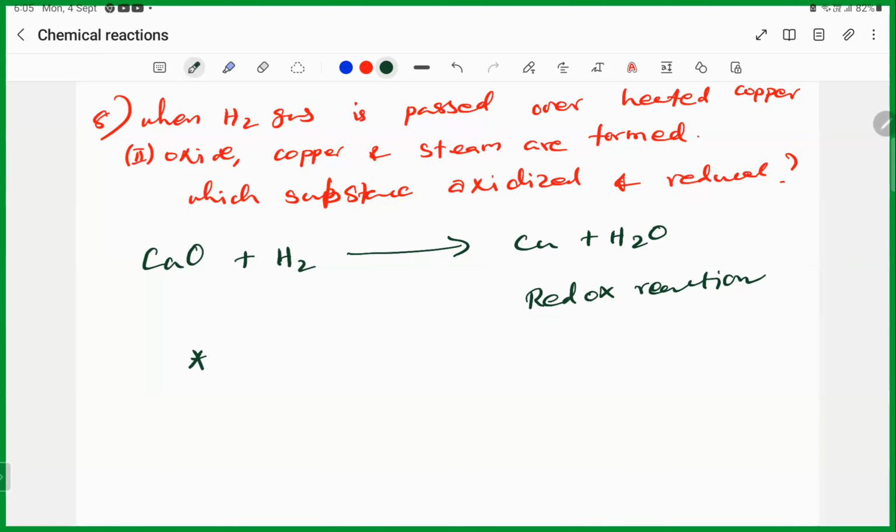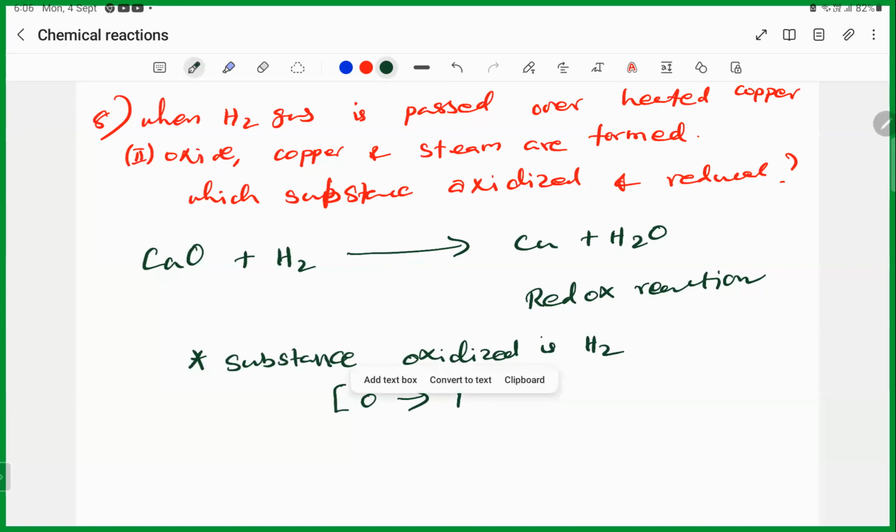Sir, hydrogen is reducing agent. Which is oxidized, which is reduced? Sir, copper oxide is reduced to copper. Hydrogen is oxidized to water. So the substance oxidized is H2. Why? Because hydrogen's oxidation state goes from 0 to plus 1.